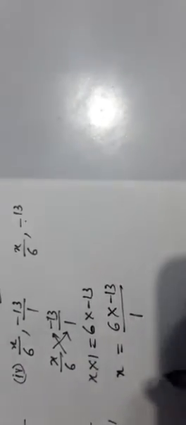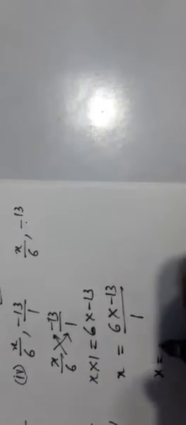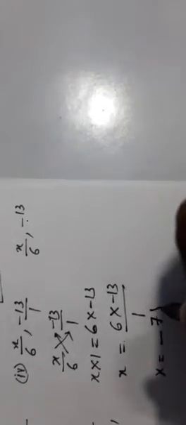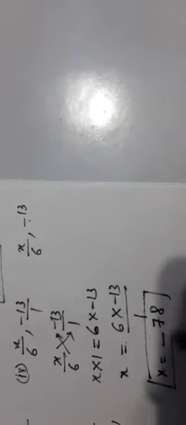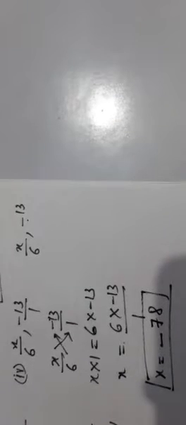When we cross multiply, we get x into 1, which must be equal to 6 into minus 13. Therefore, the value of x is 6 into minus 13 divided by 1. x is equal to plus into minus is minus. 13 6s are 78. Minus 78 is the value of x.